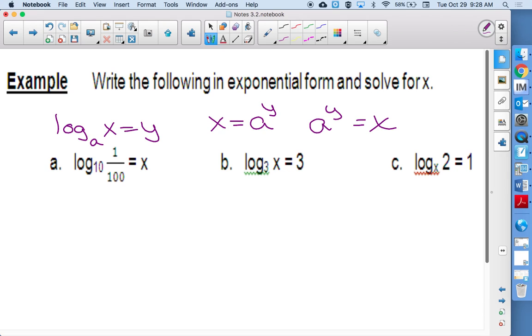So Josh, how would I write log base 10 of 1/10 to the x? 10 to the x power equals 1/100. x equals 2. Why would it have a negative 2 exponent?